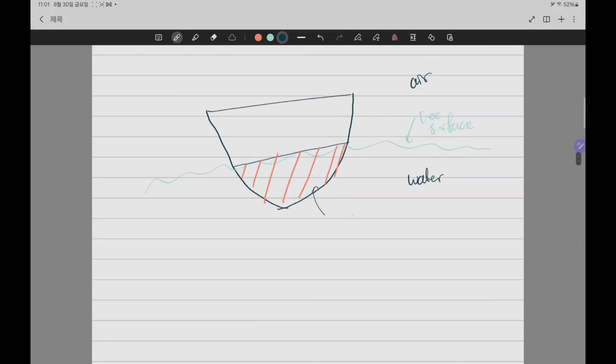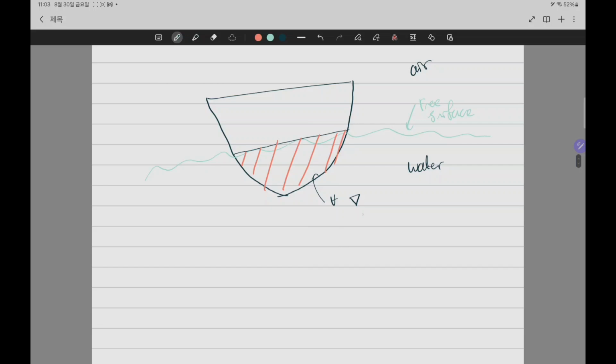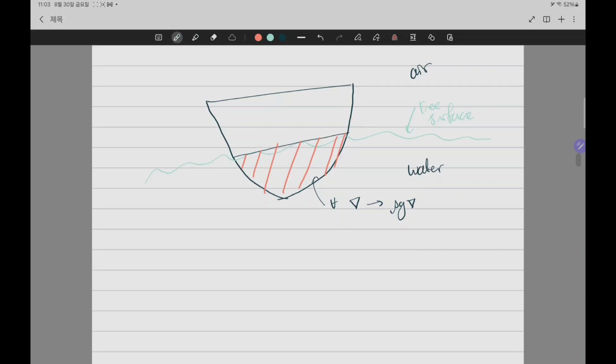This displacement, in other words the displacement volume, which for ships we specifically call this triangle, is what gives the rho g, the total buoyancy for the ship.